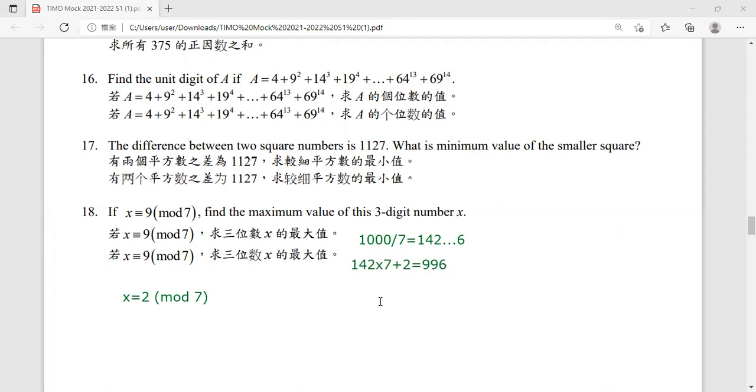Yes, 996. Okay, nothing special, it's just for some introduction of mods. Actually, I've introduced to you the mods in Python 16.